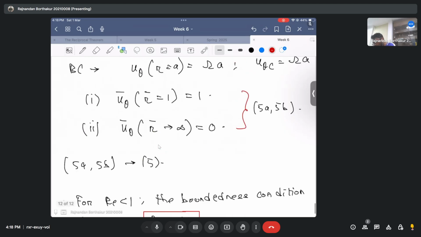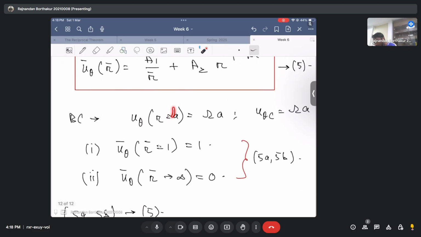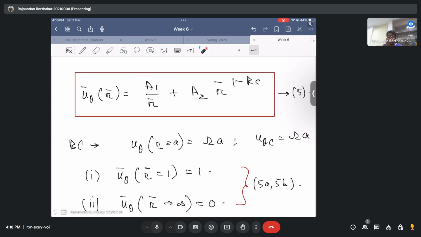And then I have one more condition, which is u theta at r equal to 1 is equal to 1, and from that I will get a1, meaning that for Reynolds number less than 1, it is possible for me to get a closed form solution based on the boundary conditions that we have.